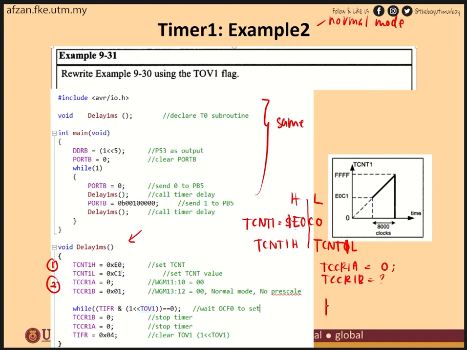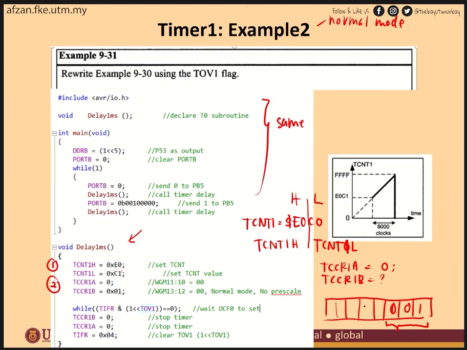So you need to remember back your TCCR1B punya bits. This one here is for the prescaler. The first 3 bits are for the prescaler. In this case we are going to write a program without a prescaler, no prescaler option, so the value is 001.